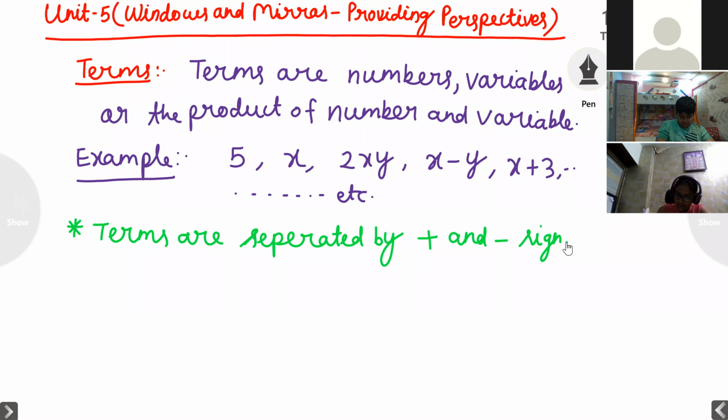Very important point. Terms are separated by plus and minus sign.